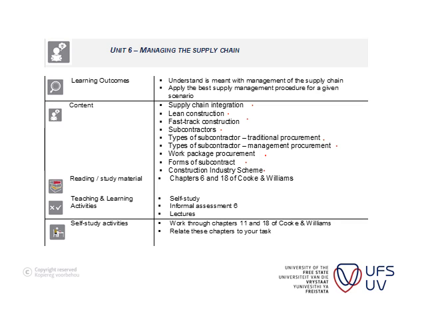But basically, in a nutshell, please look at chapter 6, which is managing the supply chain, and then chapter 18, which we already did in the previous unit, but just the final section, which is lean construction and waste management.